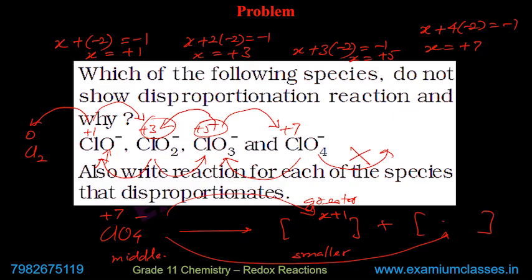It can show +5 if it is converted to ClO3 minus. But it cannot show greater than +7, so that part is not possible. It cannot get oxidized, it can only be reduced, because an oxidation state of chlorine greater than +7 is not possible. Is that clear now? Why it doesn't show the disproportionation reaction?